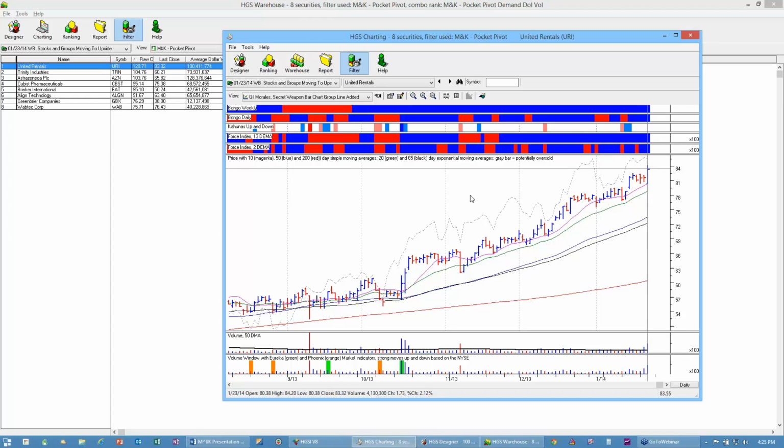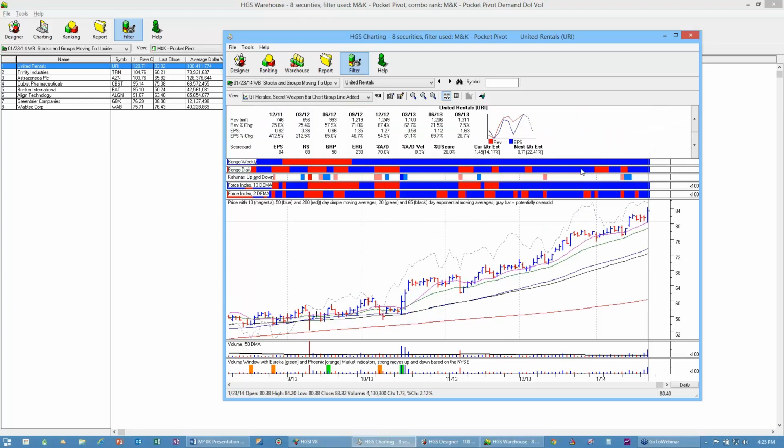Not every chart, but most charts that I look at include the group line because it's so powerful, bringing the fundamental view into play. If you just look at this, group rank is only 58. I don't know how much you newbies have played with the group rank, but a strong group is 80 and above when compared to all the other groups.